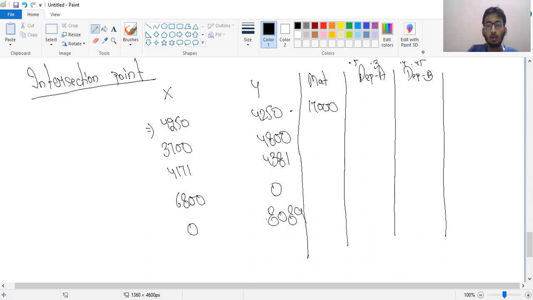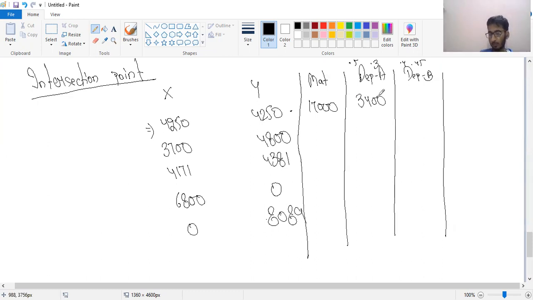So what would be the maximum department A hours used? 4250 multiplied by 0.5 would be 2125, and 4250 multiplied by 0.3 plus 2125. So I am saying 3400 hours.